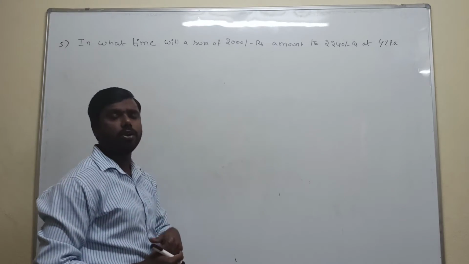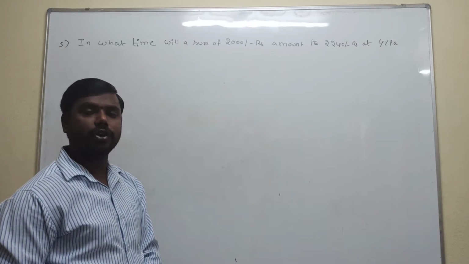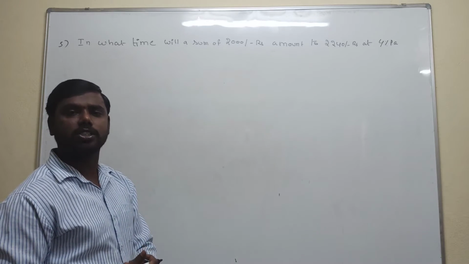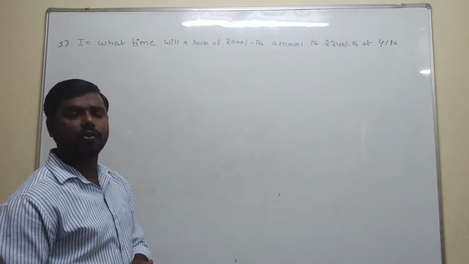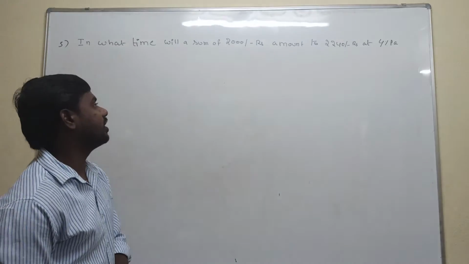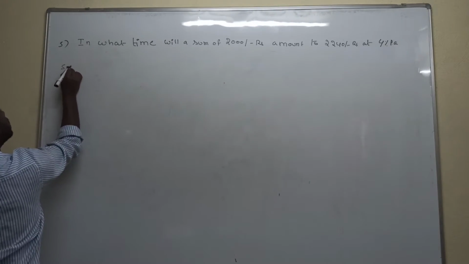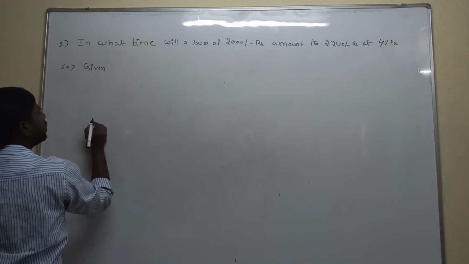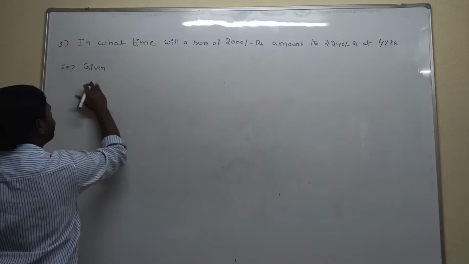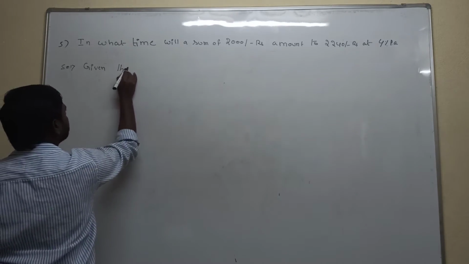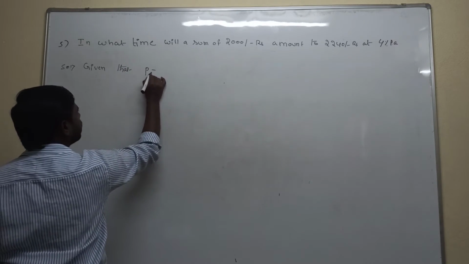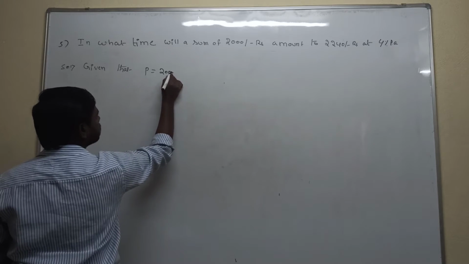Whenever the amount is given, first we apply the amount formula. After that we apply the simple interest formula. After that we finally get the time value. So what are the given values now? Given that the sum of money, the principal amount, is 2000 rupees.